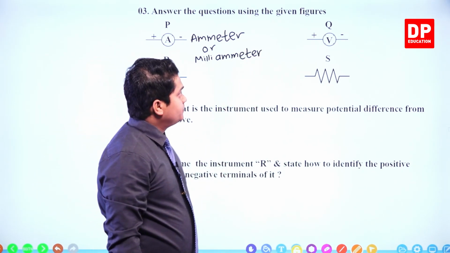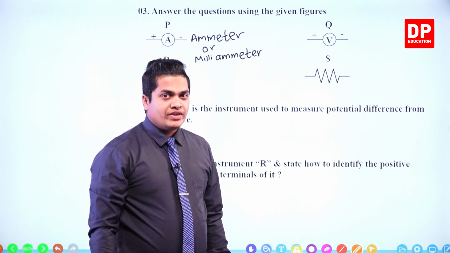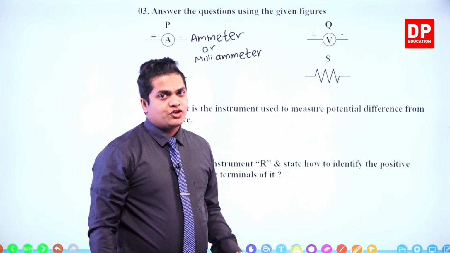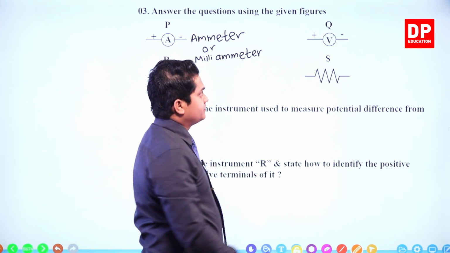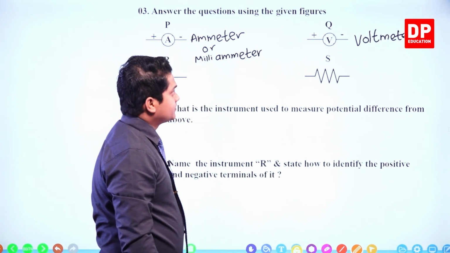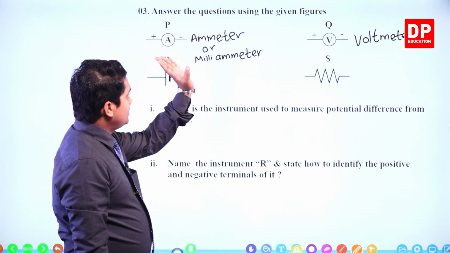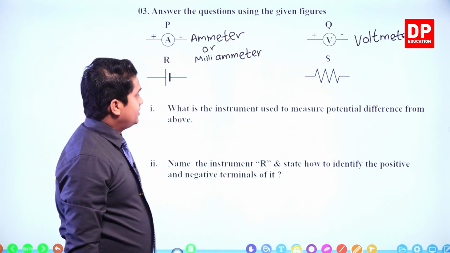Second one, Q. Like the ammeter, capital V symbol can be observed. So that should be the voltmeter. Voltmeter. Right. So you can observe this one as the ammeter and this is the voltmeter.